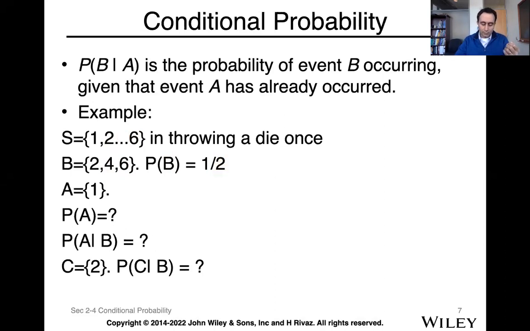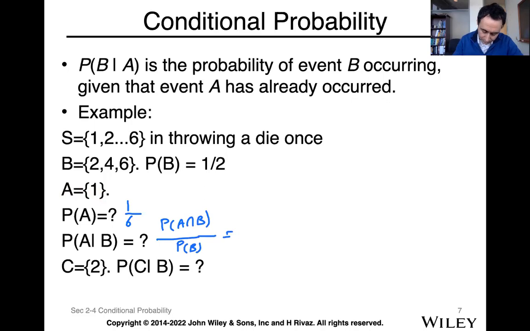Now assume that I define set A as basically getting a 1 when I roll a die, right? So here P of A is simply 1 divided by 6 because A has 1 member, that's 1, and S has 6 members. Now, when I want to calculate P of A given B, according to the equation, that's P of A intersection B divided by P of B, right?